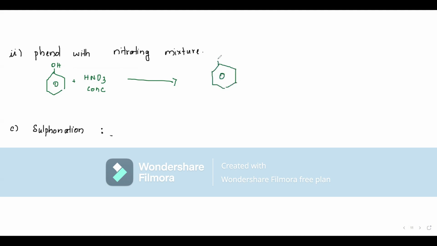Trinitrophenol, that is OH, second position, fourth position, as well as the sixth position, there are NO2 groups. So this is 2,4,6 trinitrophenol, okay, which is picric acid. Picric acid. Along with this, the byproduct is water.